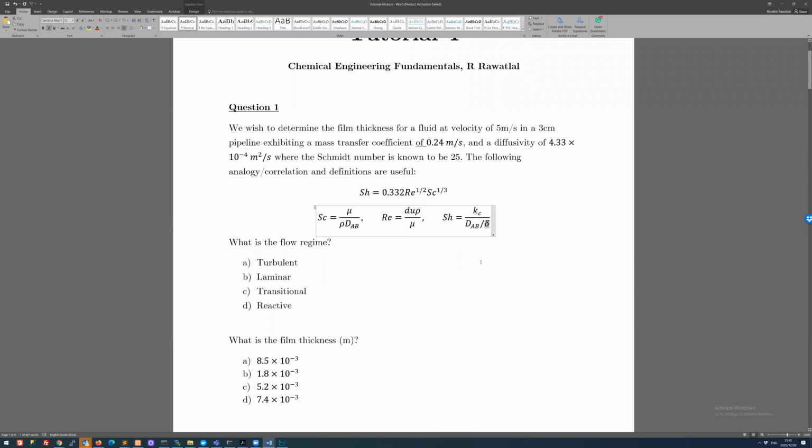In this section on analogies, we had found that we could relate the different types of fluid properties. The momentum balance could be related to the mass balance, could be related to the energy balance, and that's also a consequence of our generalized balance having the same form all the time.